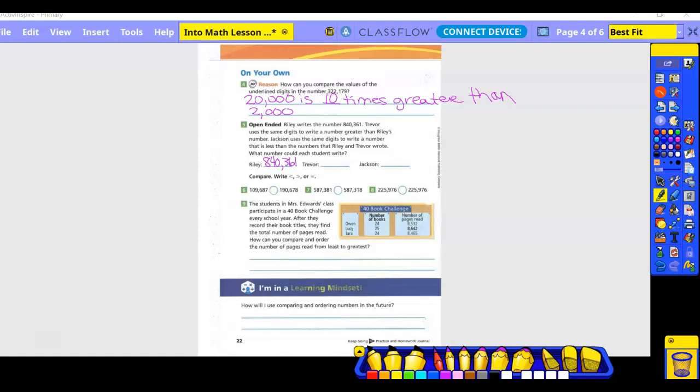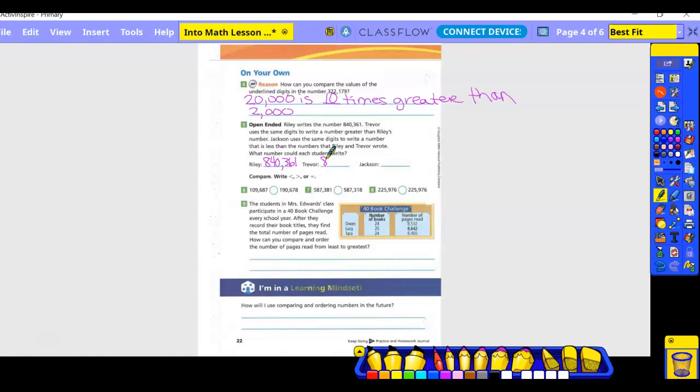840,361. Trevor uses the same digits to write a number greater than Riley's number. Is there any number larger than 8? No. So Trevor's number has to start with an 8 too. Now we need something bigger than 4.